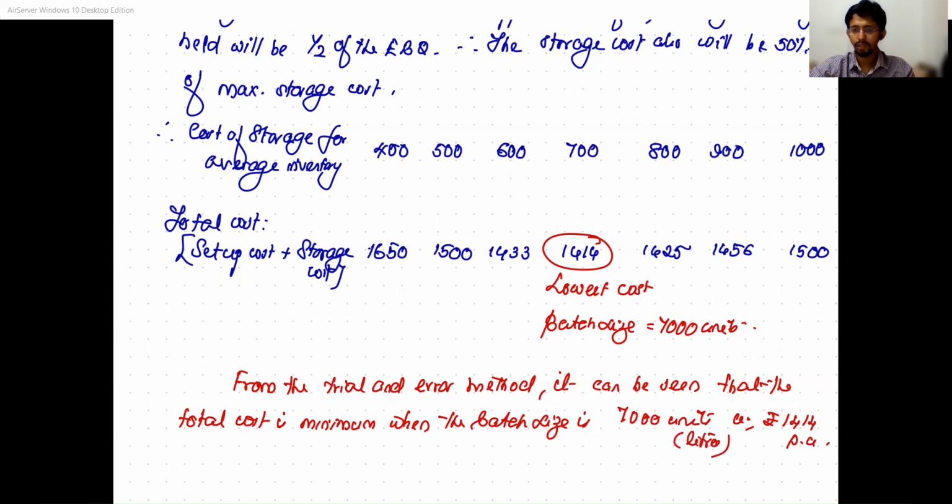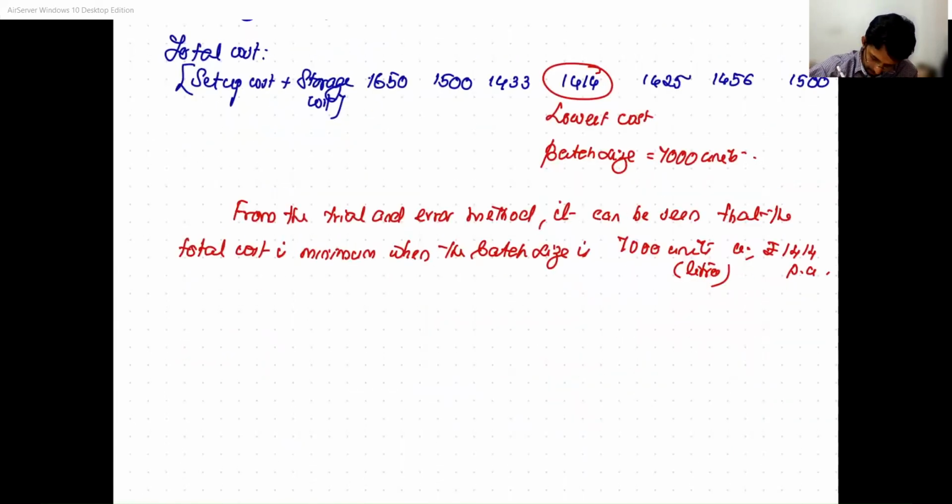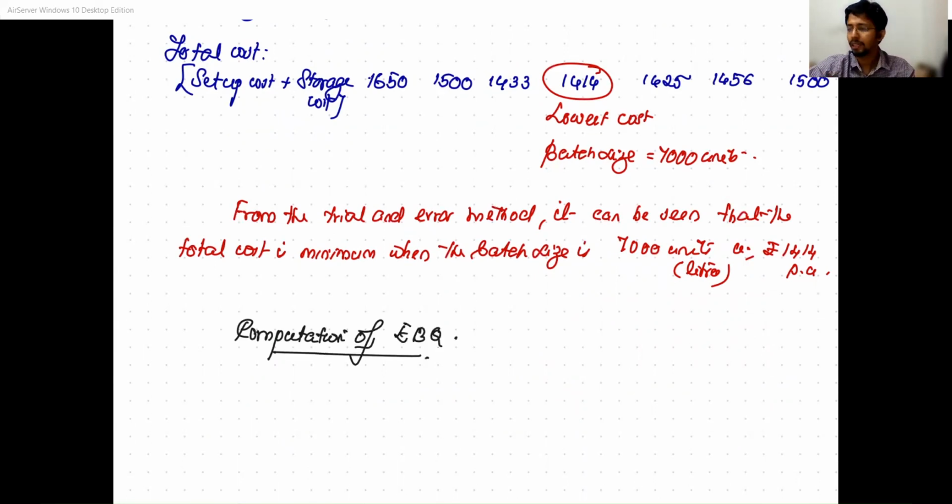Now this is your trial and error calculation. Now what we are going to do, we are trying to compute the economic batch quantity and see whether you are getting the same result. Okay, so computation of economic batch quantity. Okay, demand, you know what is it?